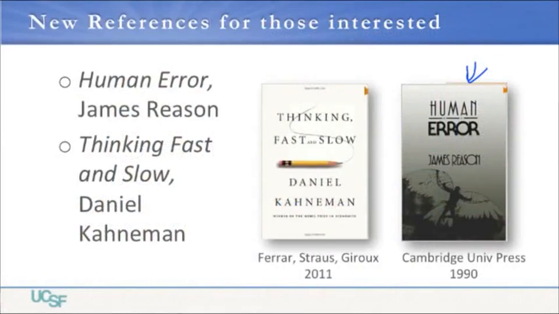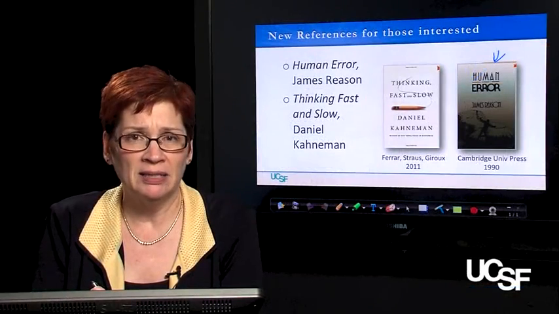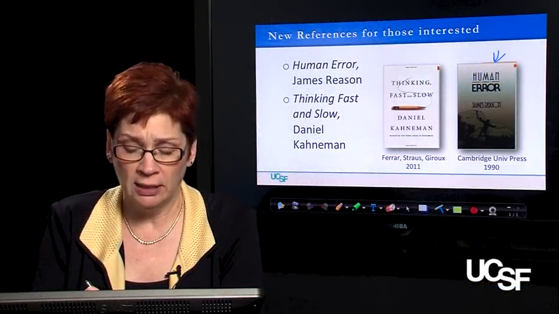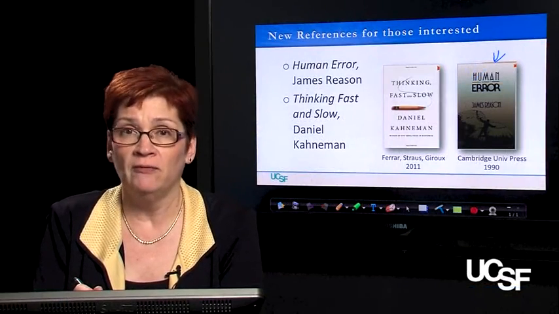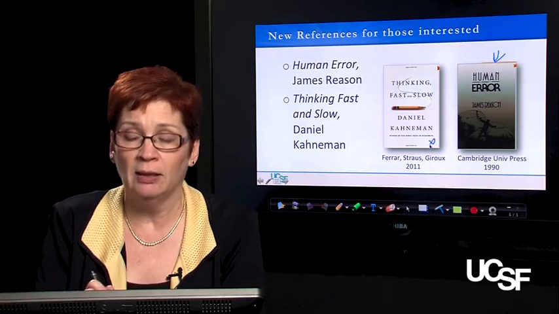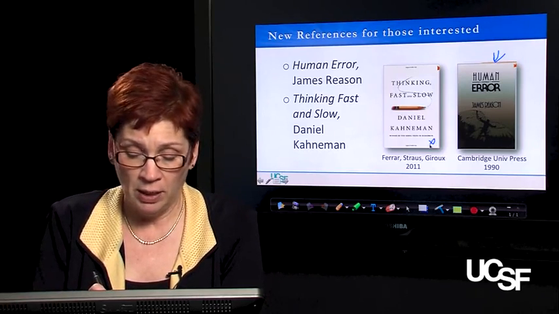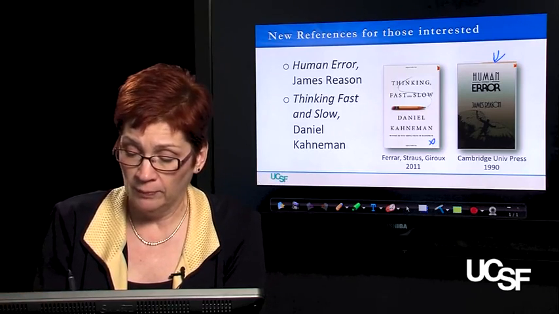And the second is a more recent book by Daniel Kahneman in the lay press known as Thinking Fast and Slow, and that talks a lot about how we make decisions in a really dynamic environment. Both of them are very interesting. This is a little bit easier to read, but if you're interested, I'd recommend both.